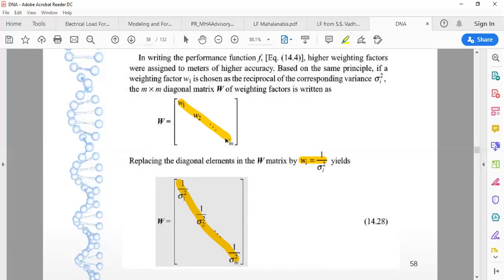But now it is replaced by wi equal to 1 by sigma i square. Hence that is nothing but the inverse of my R. What is R? In my previous slide we have seen that R is a matrix which has only diagonal elements, and the elements of that matrix are sigma 1 square, sigma 2 square, sigma 3 square, and likewise.